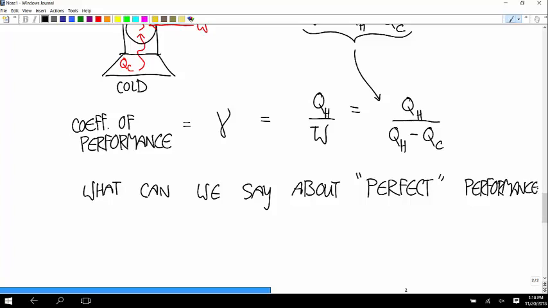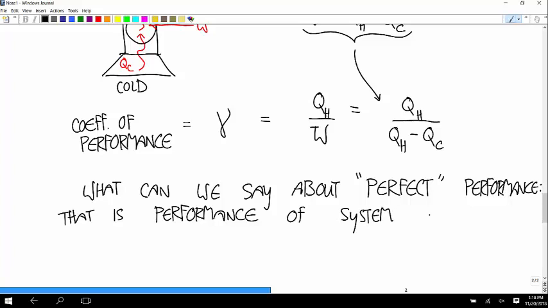We're going to call this perfect performance. So that is the performance of a system with no irreversibilities.